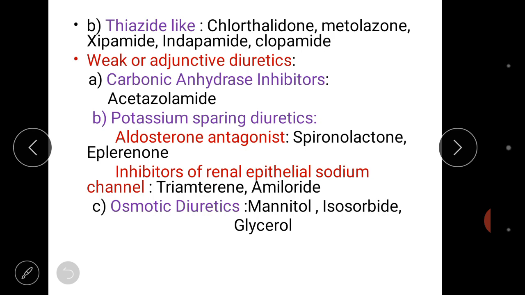Potassium sparing diuretics we have aldosterone antagonists, spironolactone, eplerenone. Inhibitors of the renal epithelial sodium channel we have triamterene, amiloride. Osmotic diuretics, this is the last class, we have mannitol, isosorbide and glycerol.